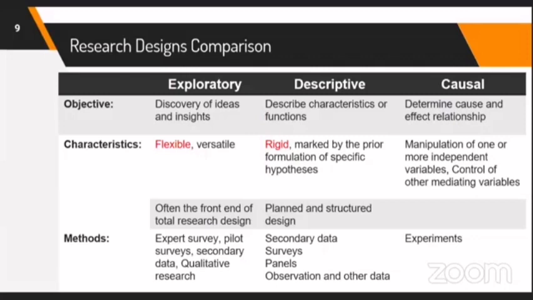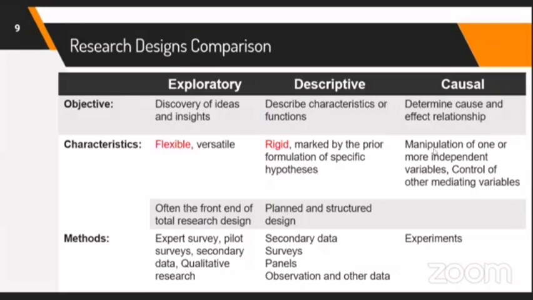So a bit bounded in terms of characteristics. Another thing, by the way, the exploratory is open at the front end of the total research design, while the descriptive has a structured design, as mentioned, because we have what we call an instrument, okay? While in the causal, in terms of characteristics, there is manipulation of one or more independent variables, then control of other mediating variables.